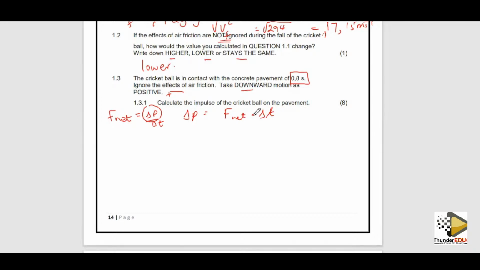But what is our F net? We know that F net can also be written as m times a, mass times acceleration. Since in this case we don't have the acceleration of the object, we can use the velocities and say the mass times (V final minus V initial) divided by the time.